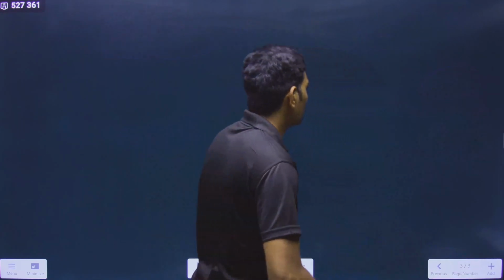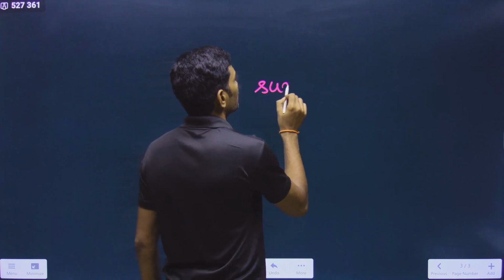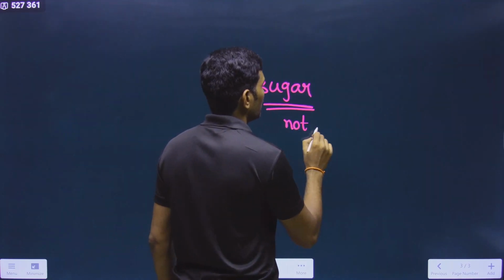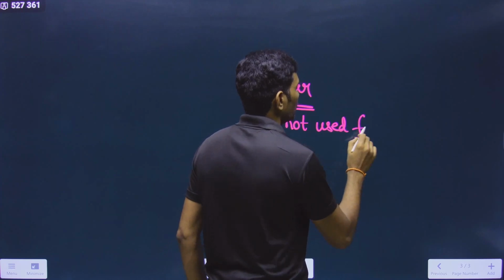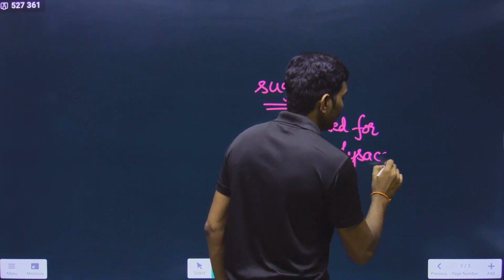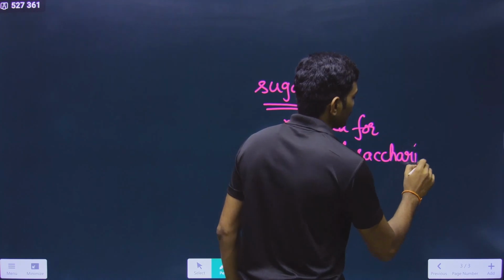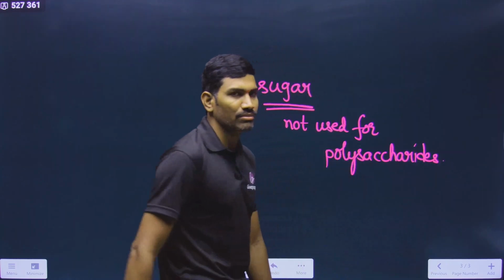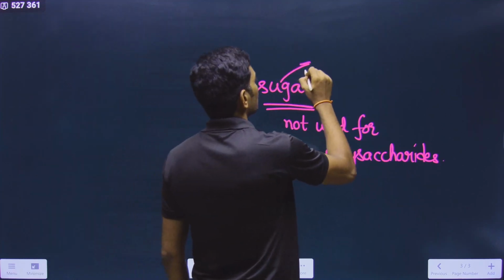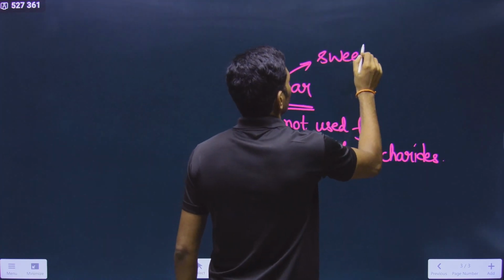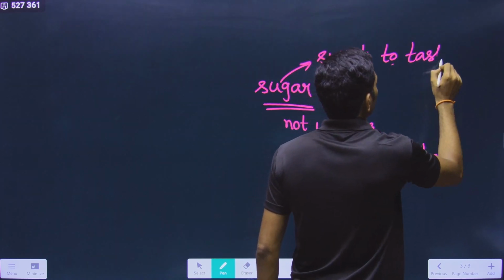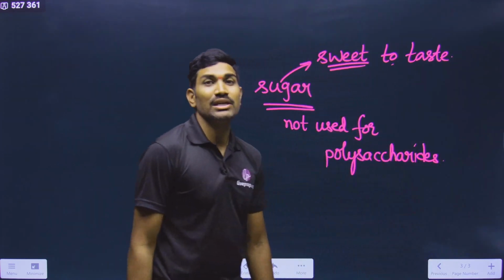First of all, you need to understand that the term sugar is not used for polysaccharides. This is the first important point you need to remember with respect to the term sugars. Sugars are sweet to taste. If you taste them, they should be sweet.